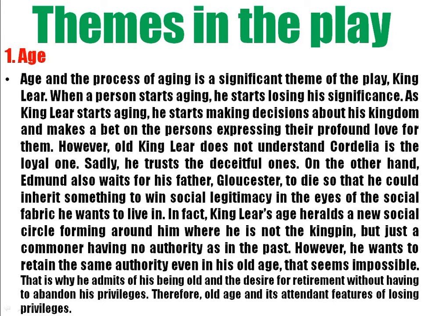We have the theme of aging in this play because at the beginning of the play, one of the things that made King Lear divide his kingdom was that he was getting old, and he believed that he had to settle his progenitors before dying. So he divided the kingdom among the three daughters, but unfortunately Cordelia was disinherited, so the two daughters were the ones that shared the kingdom.